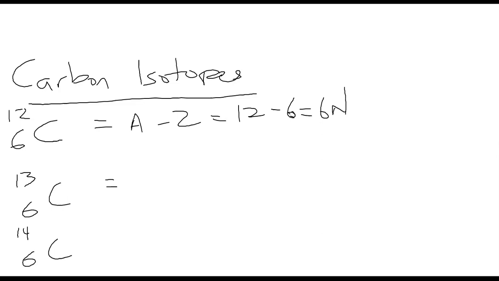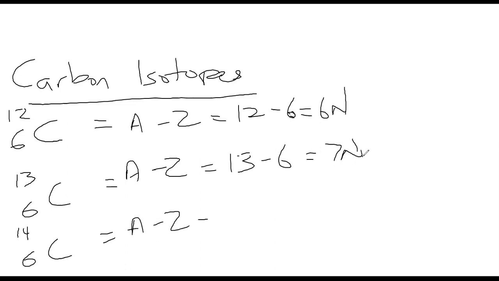The next one has A minus Z, which is 13 minus 6, so you get 7 neutrons. And the third one is A minus Z again, which is 14 minus 6, so you have 8 neutrons.